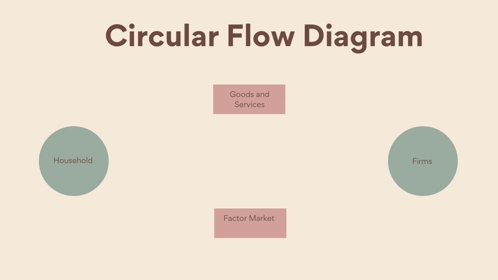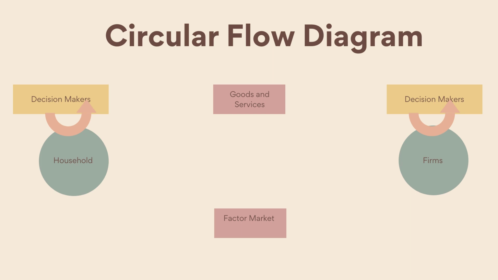Okay, different figures, ayan, that represent yung mga participants natin. Let's first look at the household and firm. So the household and firms are our two types of decision makers. Okay, so they are the ones who make decisions in this flow diagram.